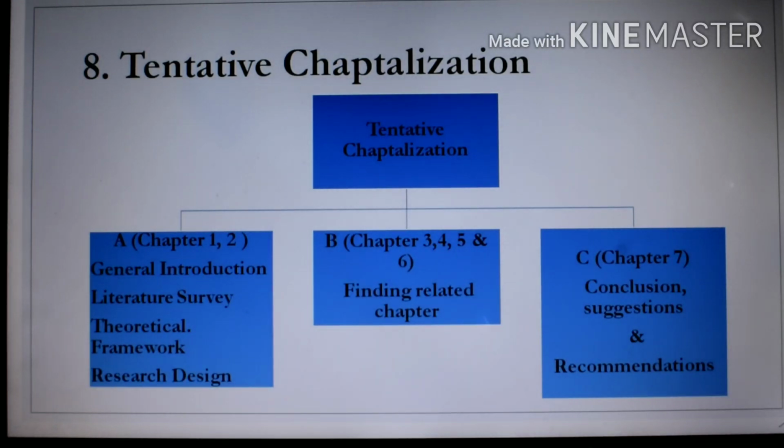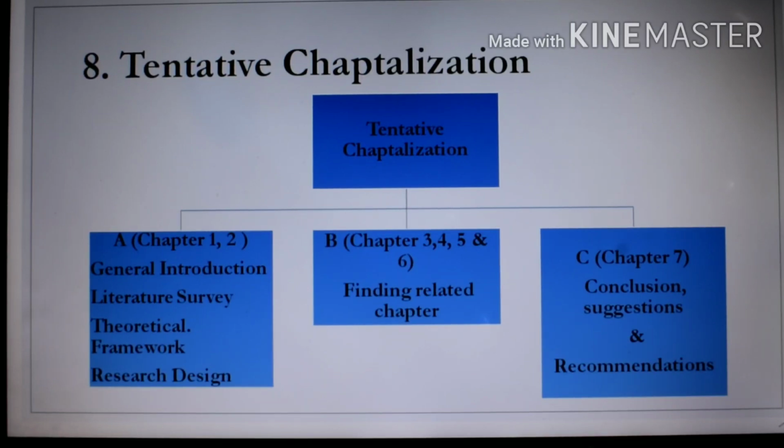Now the last thing is tentative chapterization. Tentative chapterization is classified here into three segments: A, B and C. In A, you can consider chapter 1 and chapter 2. Here I have given the example: general introduction, literature survey, theoretical framework, research design, that you can consider in chapters 1 and 2 in the A segment.